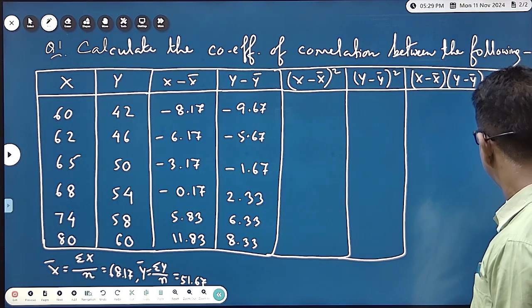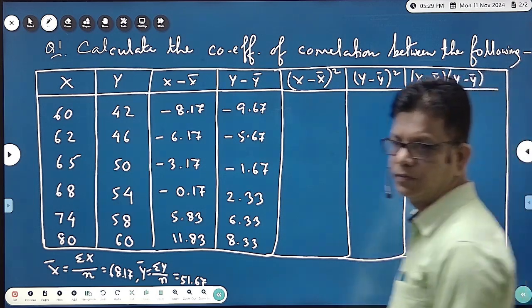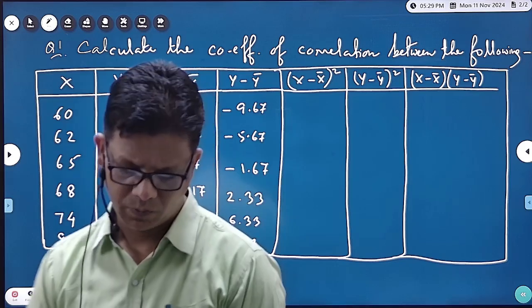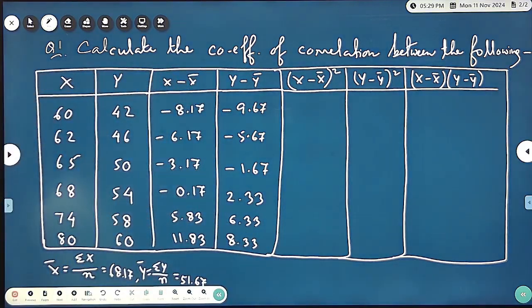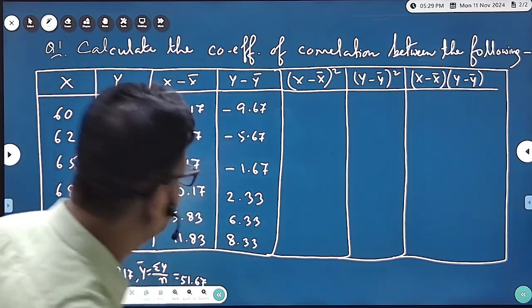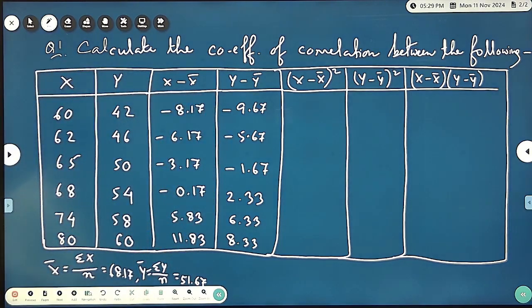So this is the last column. Could you understand what I said? Multiplication. So minus 8.17 into minus 8.17 will be plus anyway.